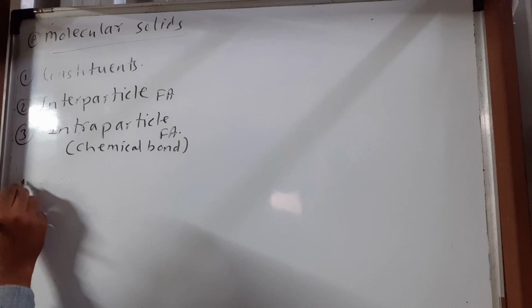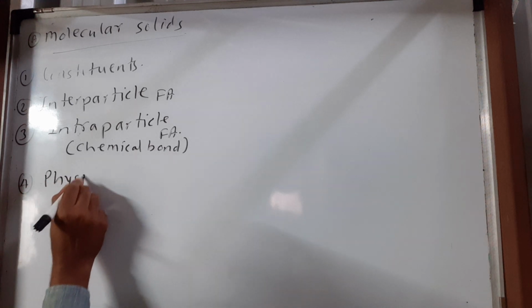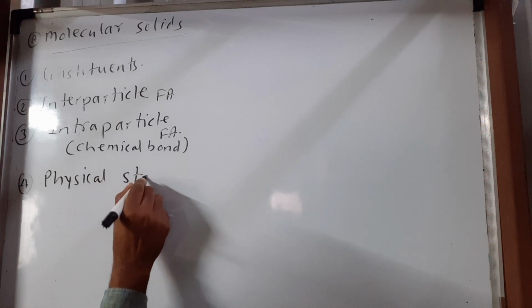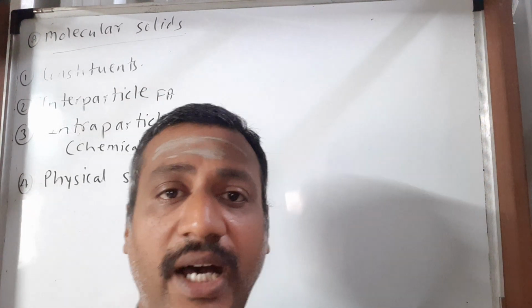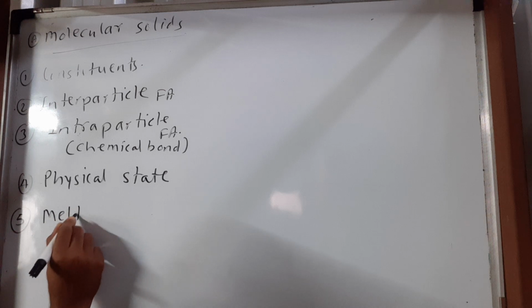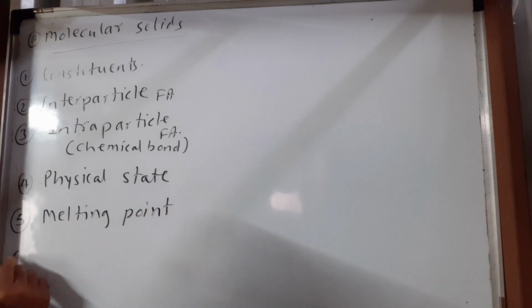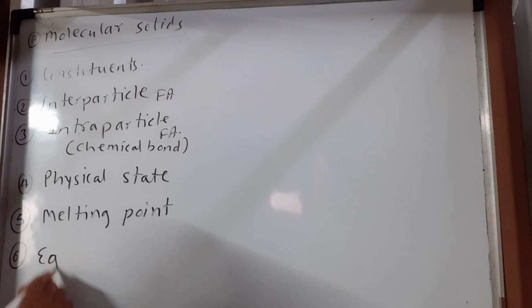Now, what about their physical state? Of course, all these are solids, we are discussing solids. Physical state is solid, but soft, hard, very soft, very hard, like that we are going to use the terms. What about their melting points? And the next one will be the examples.